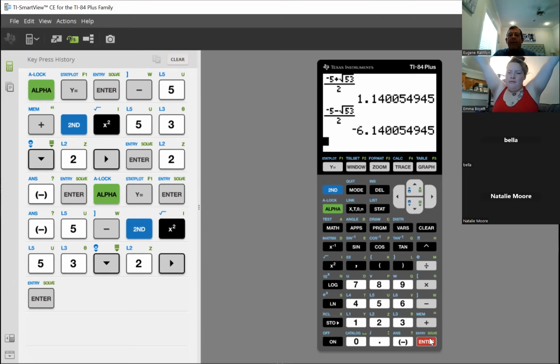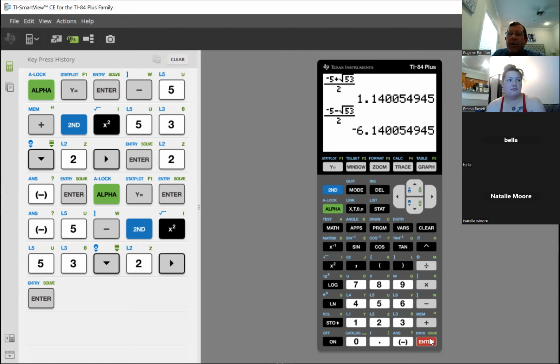Let me hit enter. Notice this one, I get a -6 point. And the decimal parts are usually about the same on these. So that's going to round to 140, since the second 0 is less than 5. So that's going to be -6.140.